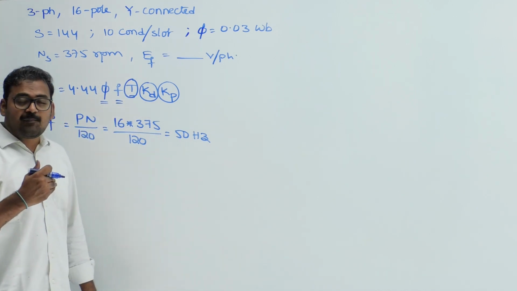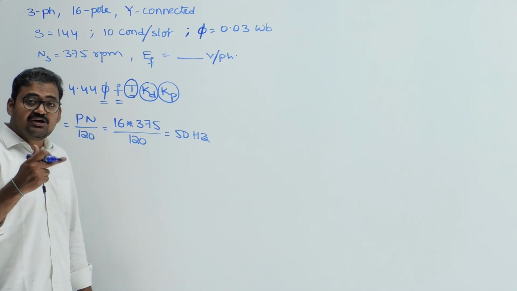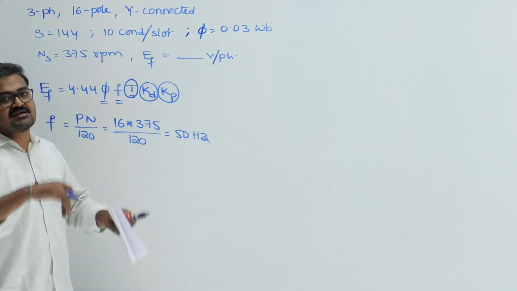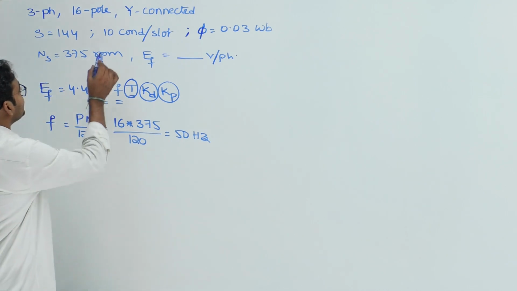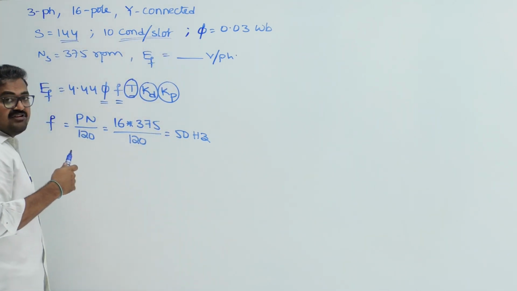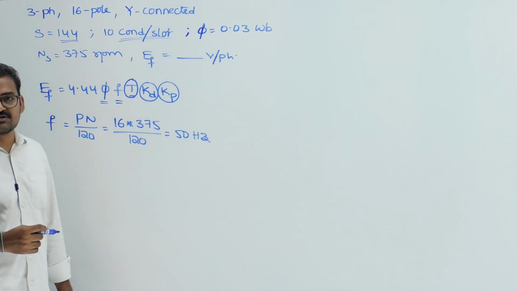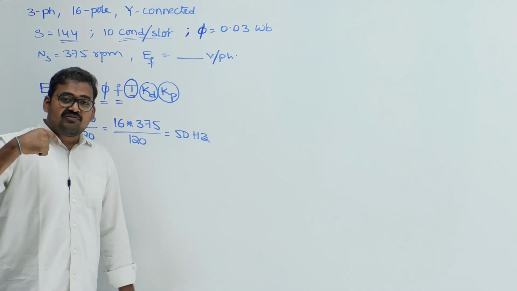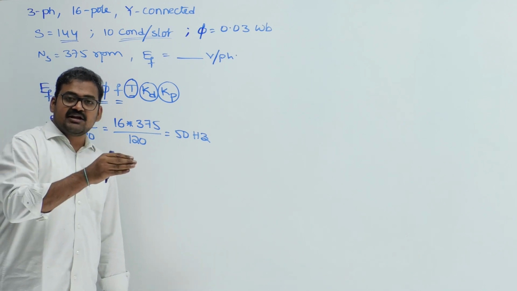To calculate number of turns per phase, first I need to know how many total turns are there. But in the given question, slots are given, conductors per slot are given. That means I will first get the total number of conductors. When you know number of conductors, you can easily calculate number of turns.